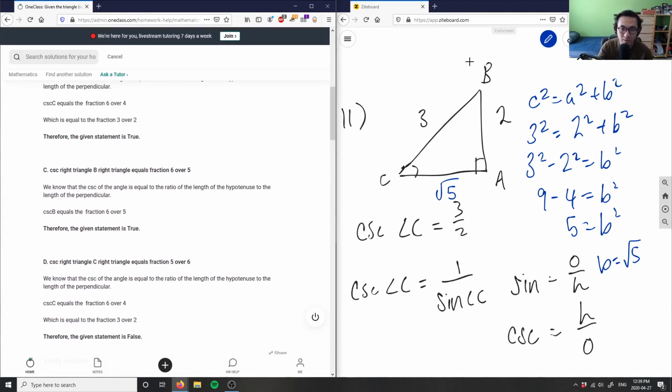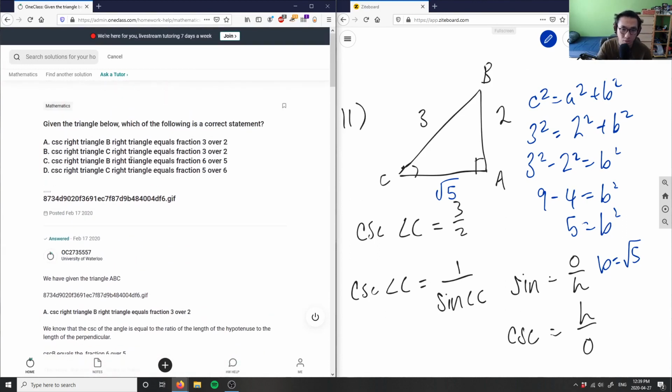This was the given triangle for triangle C. Let me label that here. Triangle C would have been the correct triangle for this Waterloo solution. So this is question 11.